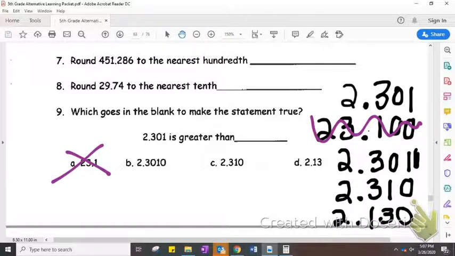Let's go to the next place value, the ones place. Can you compare them based on the ones place? No. I've got 2, 2, 2, and 2. So let's now go to the 10th place. Okay. Got 3 tenths, 3 tenths, 3 tenths, and 1/10. 2 and 13 hundredths here at the bottom. That one is the least.